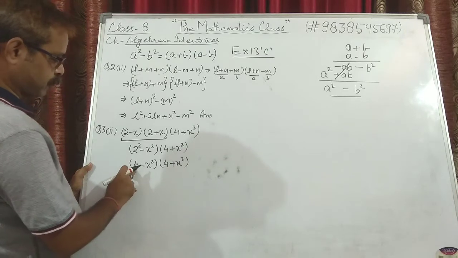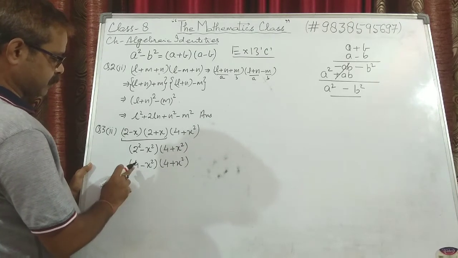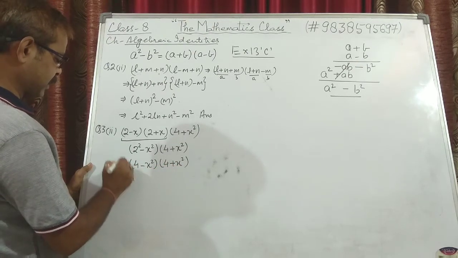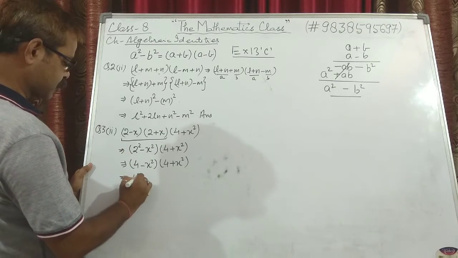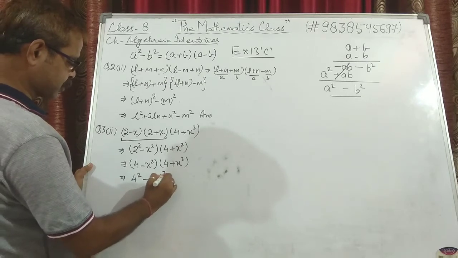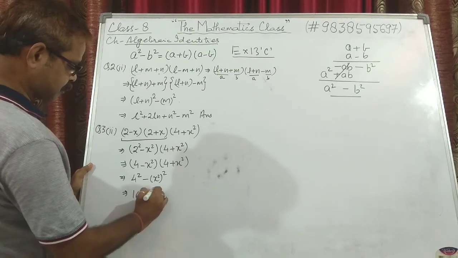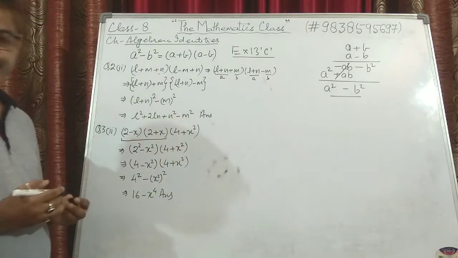Now 4 can be considered as a, x square can be considered as b. This is again in the form of a minus b, a plus b. That can be written again as a square minus b square, b is x square, its square. So 4 square is 16 minus x to the power 4, that is the final value.